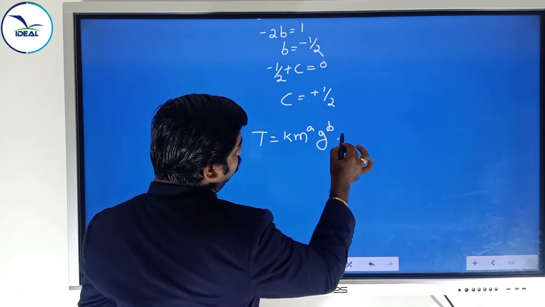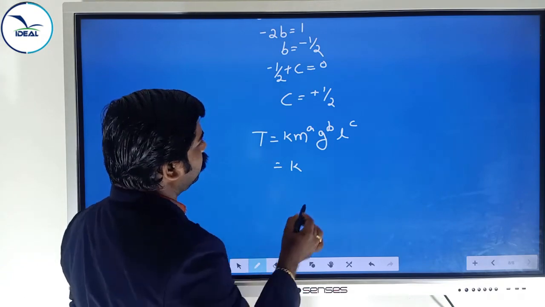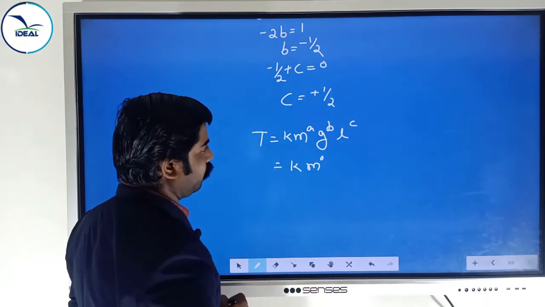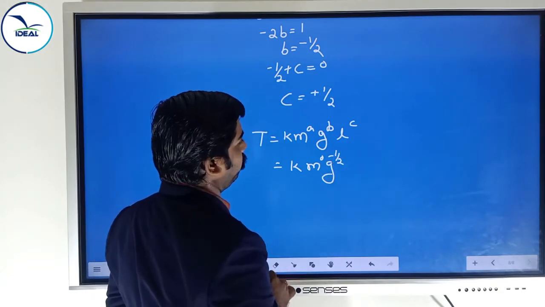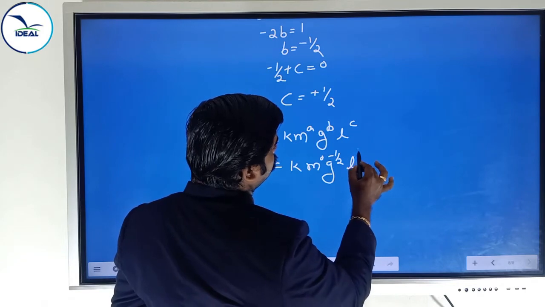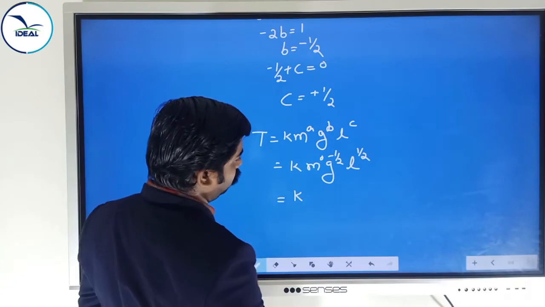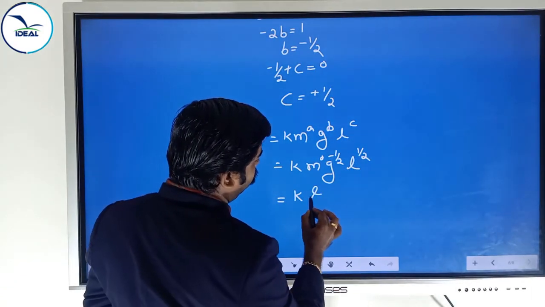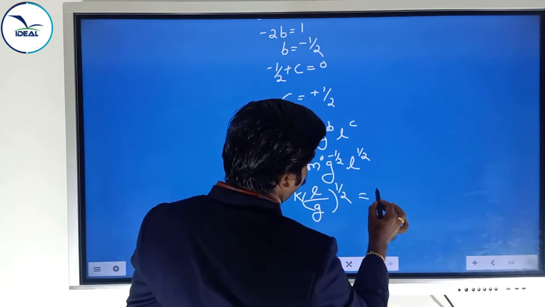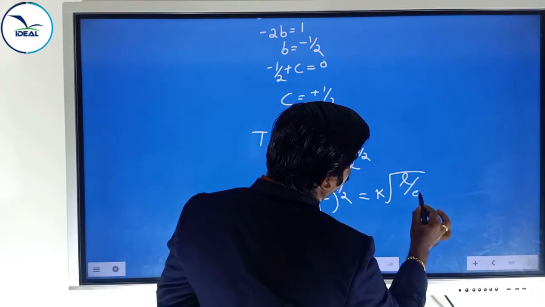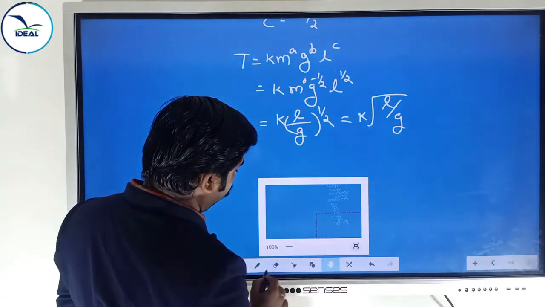Okay, so our equation T equals k into m raised to a, g raised to b, and l raised to c becomes k into m raised to 0, g raised to minus 1 by 2, and l raised to 1 by 2. That is equal to k into l by g all raised to 1 by 2, or k into root of l by g.